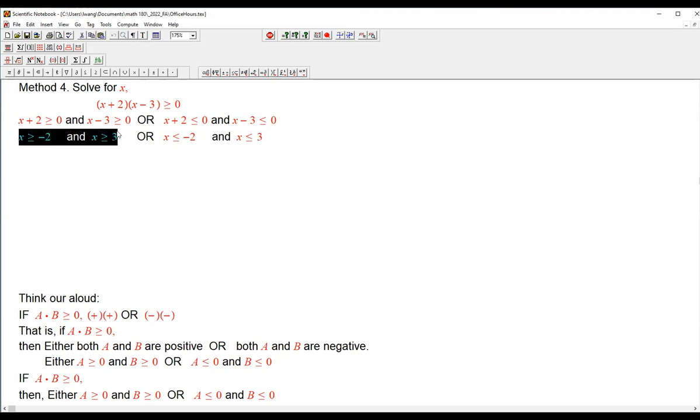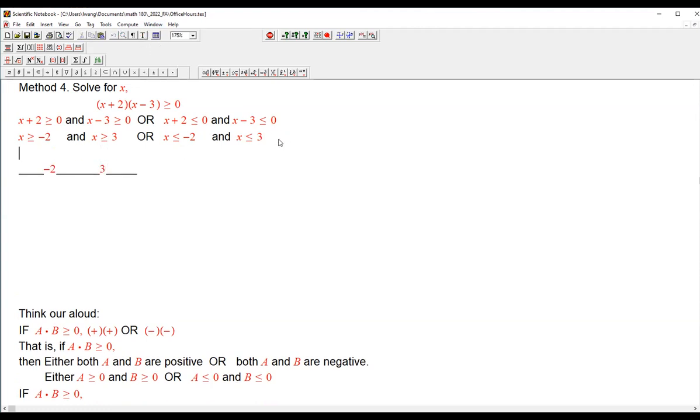So for this piece, I'm going to set up a number line. On this number line, I will have -2, and the other one is +3, of course. What is greater than or equal to -2? I will be marking -2 itself.